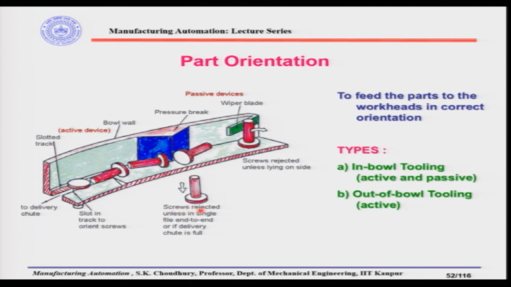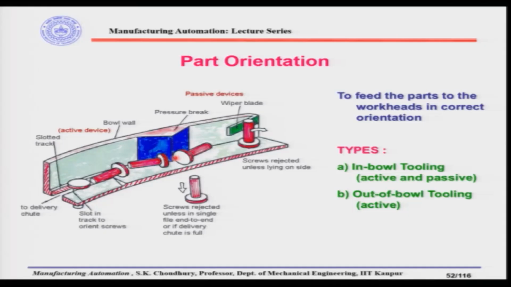So, here it is written, screws rejected unless in single file end to end, or if delivery chute is full, for example. So, what does it mean? In this case what we are saying is that if the delivery chute is filled up, the delivery chute, you understand, where the parts are going after the bowl feeder, then the parts cannot go in further.